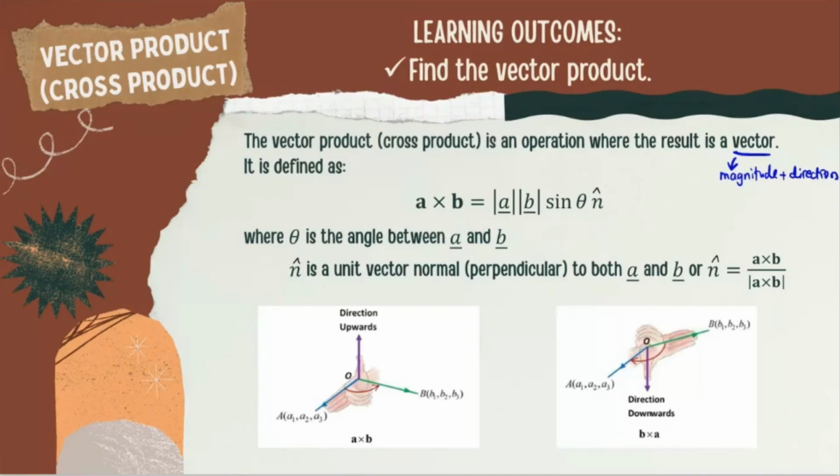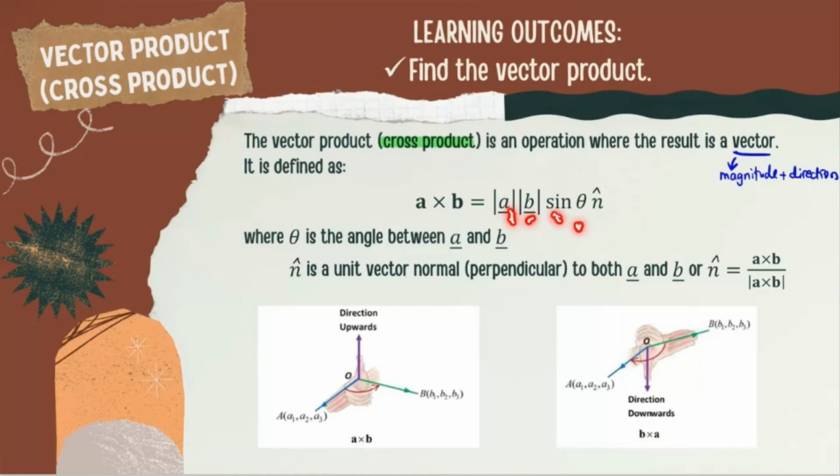For the cross product, the formula is: vector A cross vector B equals the magnitude of A multiplied by the magnitude of B times sin theta.